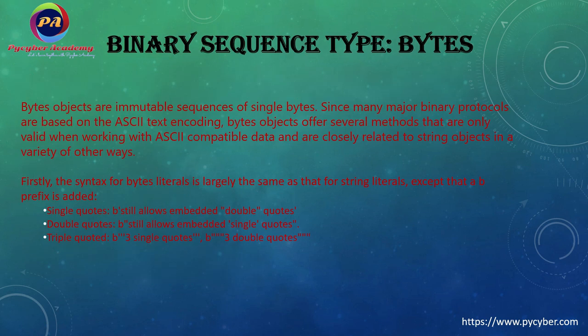Moving on to the next data type, for binary sequence types, that is bytes. Bytes objects are immutable sequences of single bytes. That means once we create a bytes object, we cannot change the value of that object. Since many major binary protocols are based on ASCII text encoding, bytes objects offer several methods that are only valid when working with ASCII compatible data and are closely related to string objects in a variety of other ways.